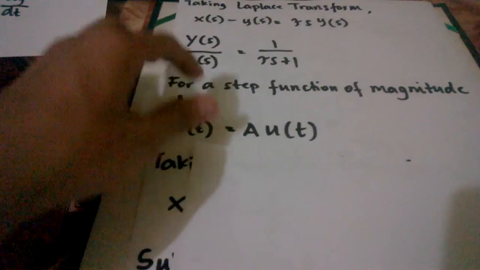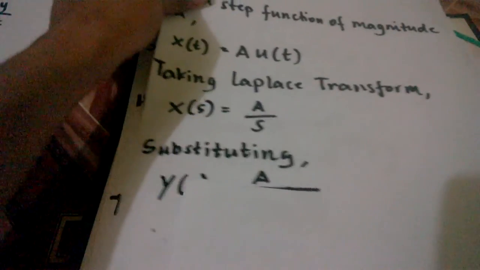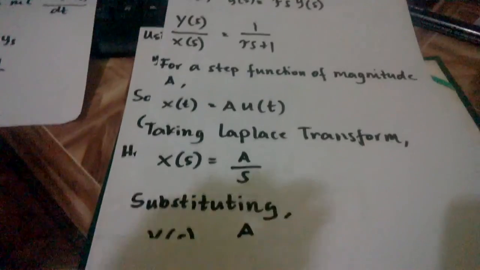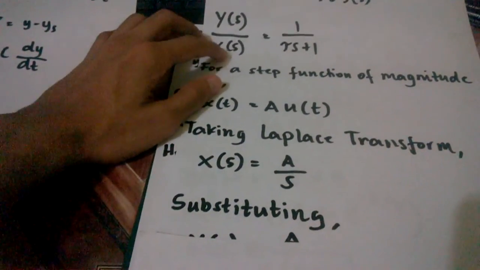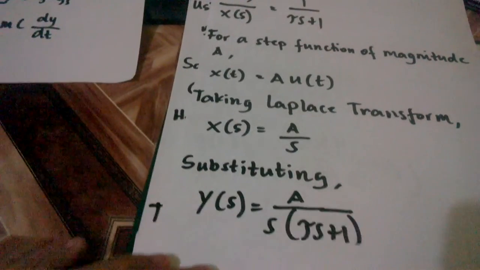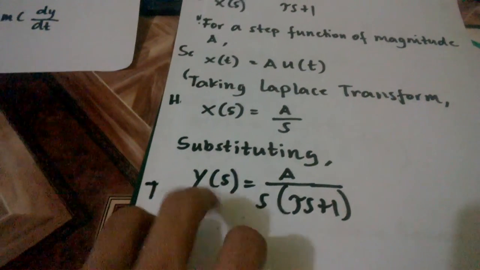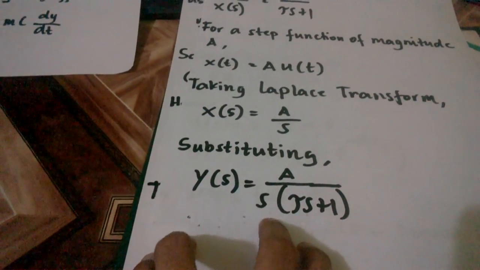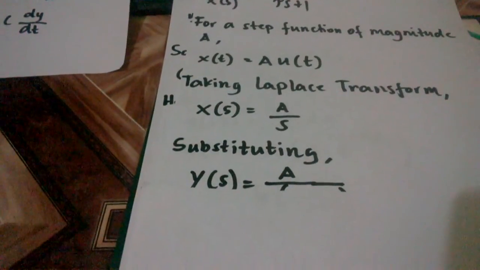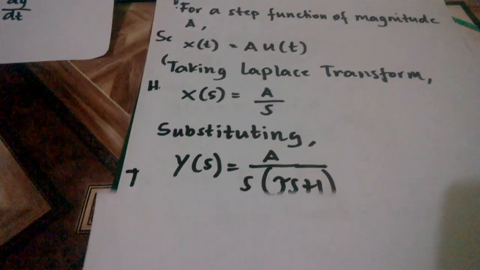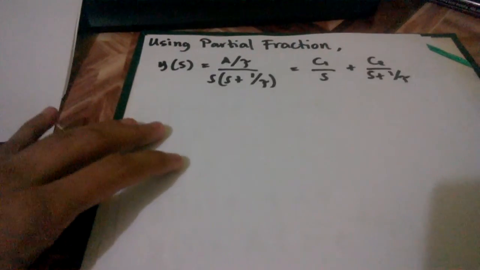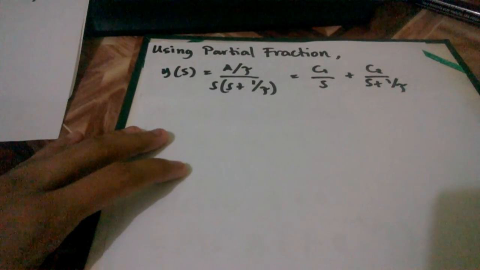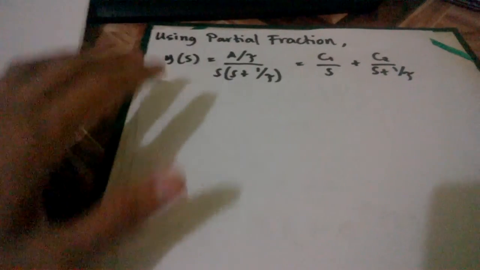Upon substitution, X of s is substituted above, so we get Y of s just equal to a over s times tau s plus 1. Using partial fractions, we transform the previous equation into this equation.